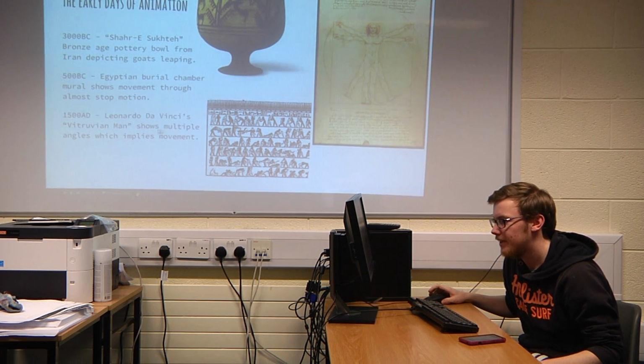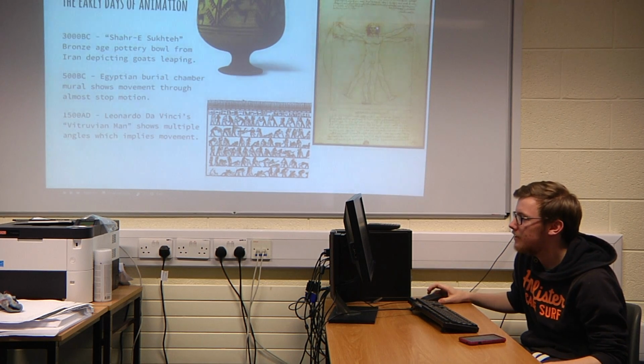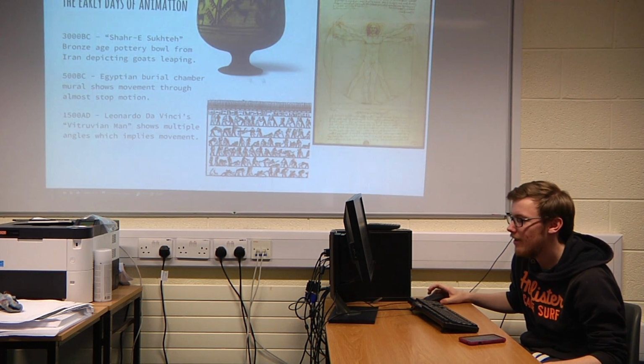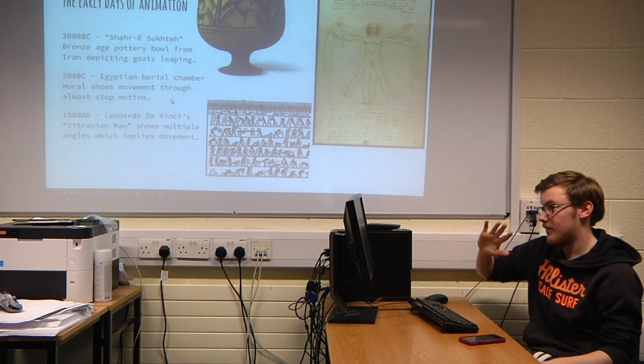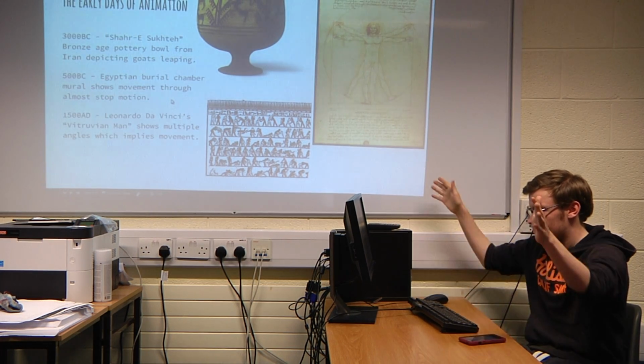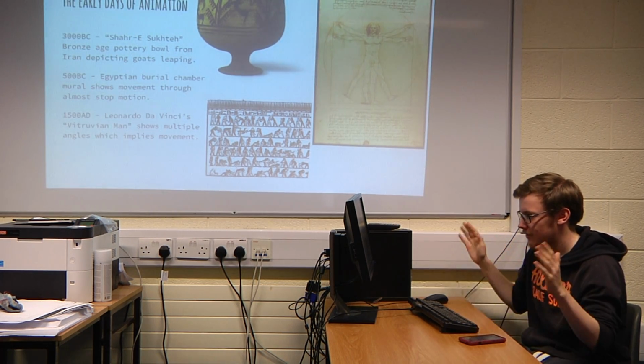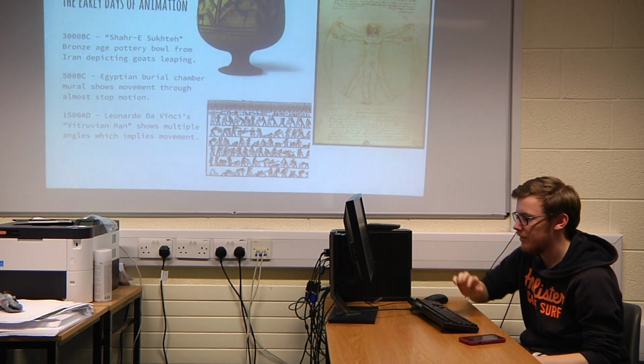And 1500 AD, there's Leonardo da Vinci's Vitruvian Man, and even though it's just a still image, the fact that his arms and legs are kind of star-shaped implies movement.